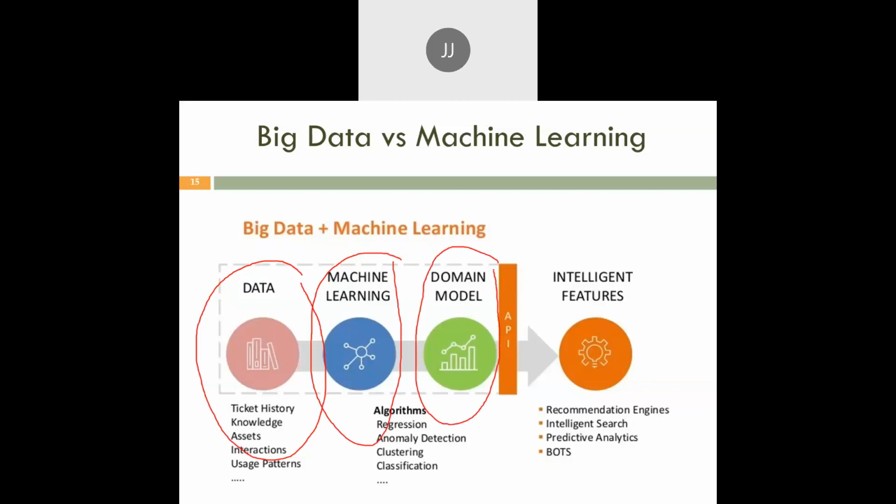If we combine these three, the data, the machine learning, and the domain, we can create an API that proposes intelligent features. For example, we can perform predictive analytics in agriculture. Depending on the data of the soil and the weather, we can use machine learning to forecast the paddy yield. How much paddy can you produce in a year? So that is predictive analytics.